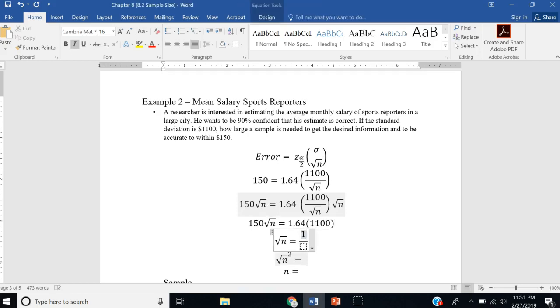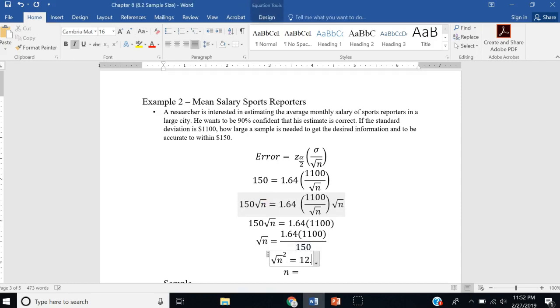Divide both sides by 150. If I do that, my calculator is not going to give me a whole number, but it gives me 12.026666, and so on.